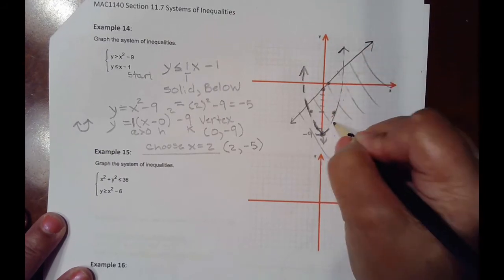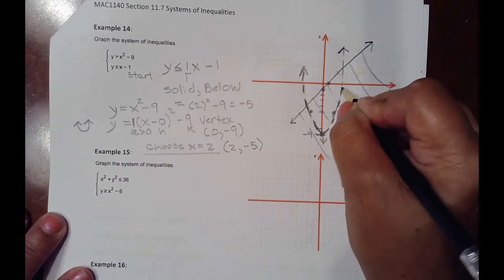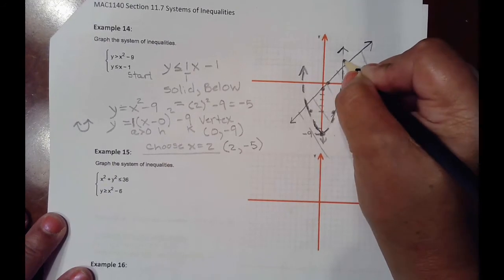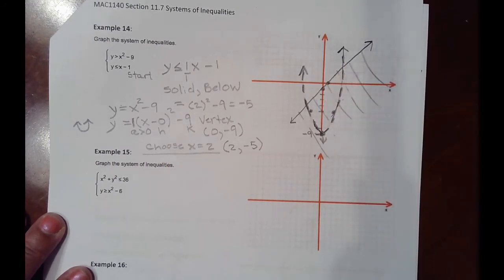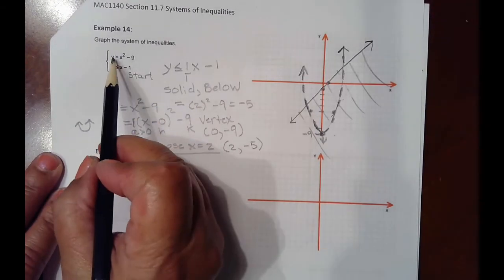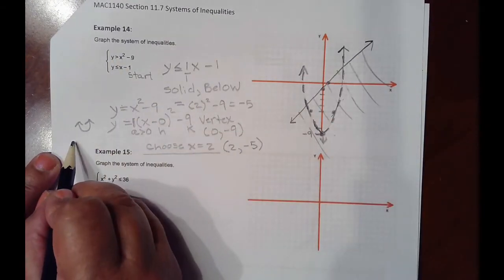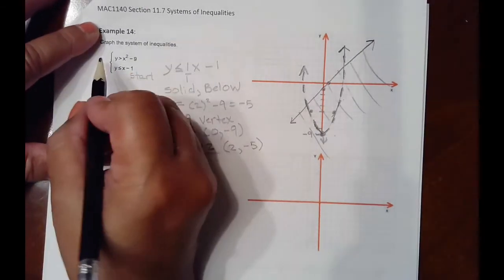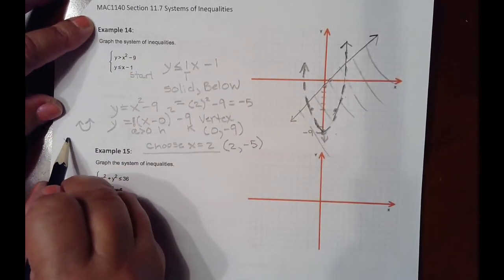Okay, so nothing on this boundary line. All right, and this is a greater than symbol. When we go to shade this, we're going to be shading above. So I'm going to write that right here.